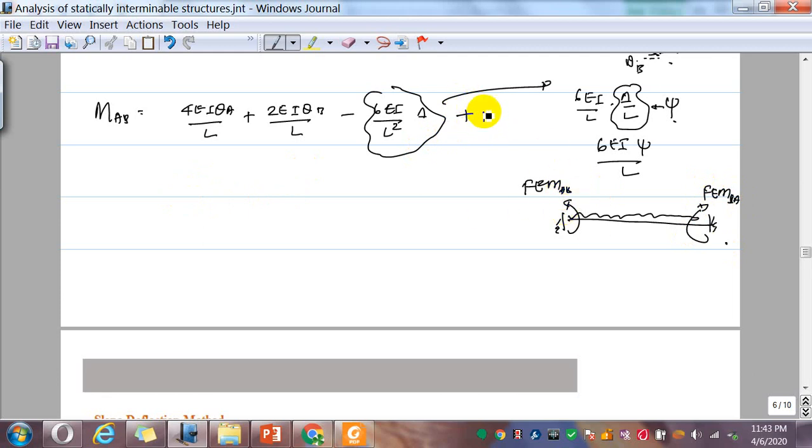FEM BA is counterclockwise direction, so FEM AB. So if I rewrite this equation, it is 4EI theta A over L plus 2EI theta B over L minus 6EI over L into psi plus FEM AB.